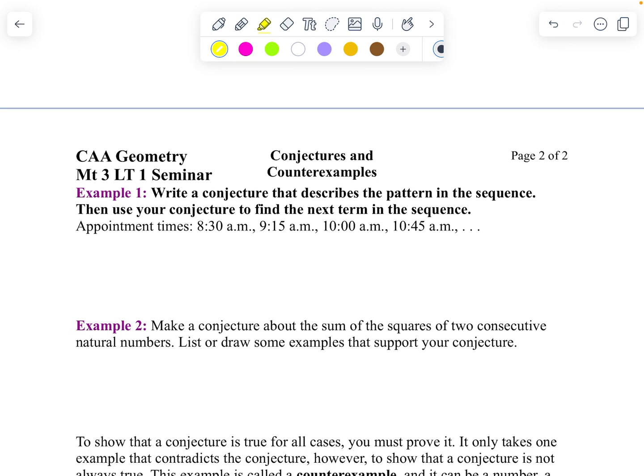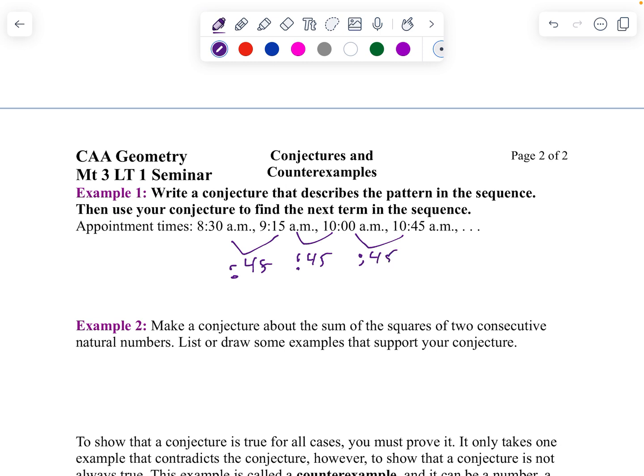Now if we take a look at example 1, I want to write a conjecture that describes this pattern, this sequence. And I want to use my conjecture to find the next term in the sequence. So the first thing, I notice, it goes 8:30 to 9:15. That goes up by 45 minutes, doesn't it? 9:15 to 10, 45 minutes. 10 o'clock to 10:45, 45 minutes.